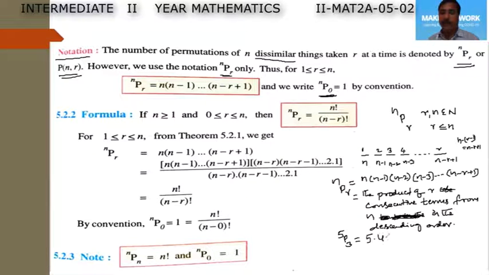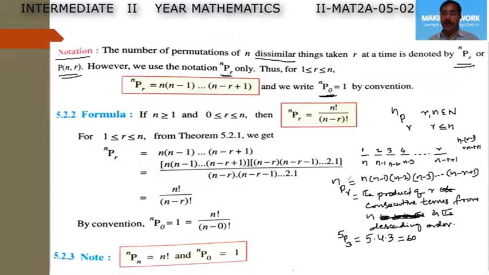That is 5 into 4 into 3. 5 times 4 is 20, 20 into 3 is 60. So the 5P3 value is equal to 60. That means arranging 3 elements from 5 different elements can be done in 60 ways.